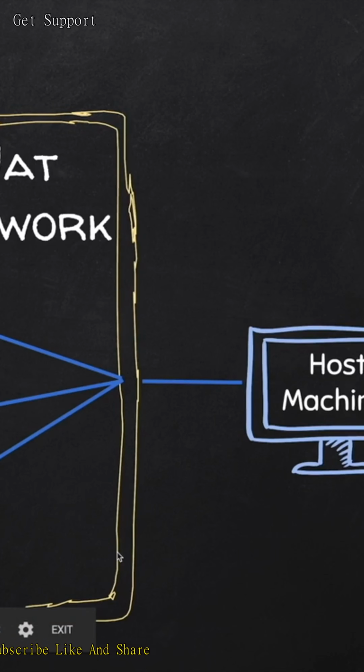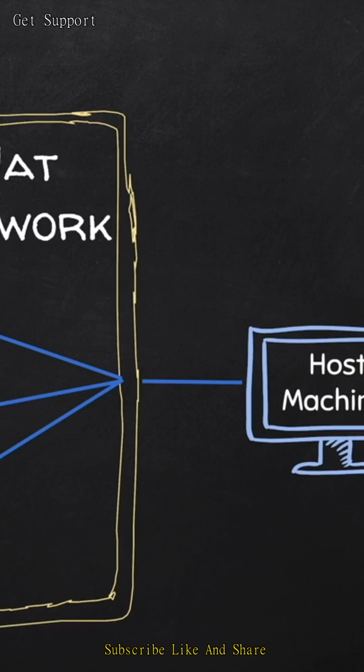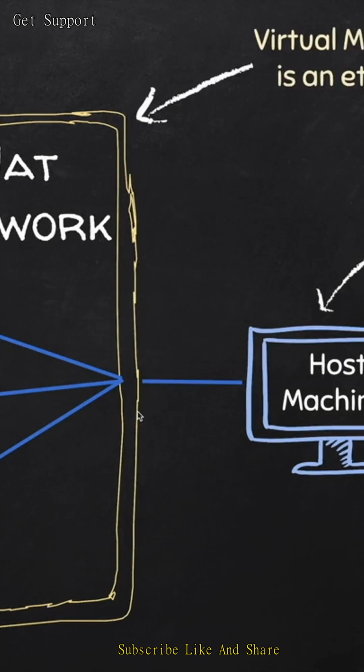So they're going to get internet connection from my host machine, and at the same time, all of my virtual machines will be connected to a virtual network. This is very handy because my virtual machines will be able to communicate with each other. We can use one of them to hack into the other. We can use it to test network attacks and much more. So it'll first allow my virtual machines to have internet connection.